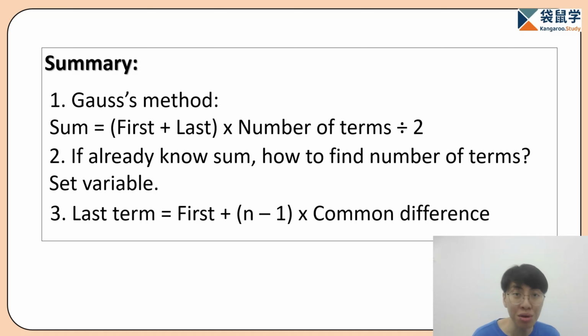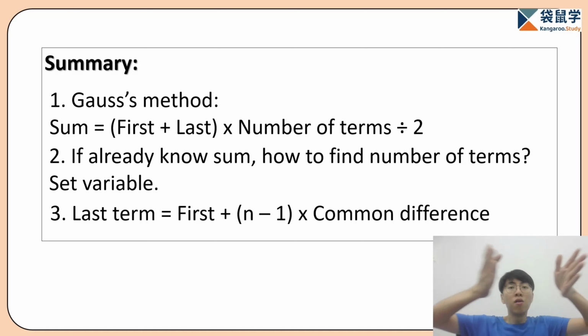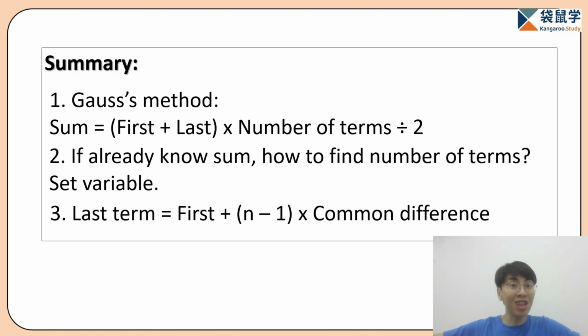Why do I have to do this? We see, for the total number of terms, there are a total of n minus 1 intervals between each, with each interval having the same common difference. And that is how we find our last term.